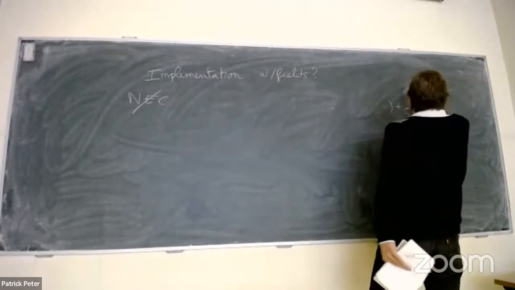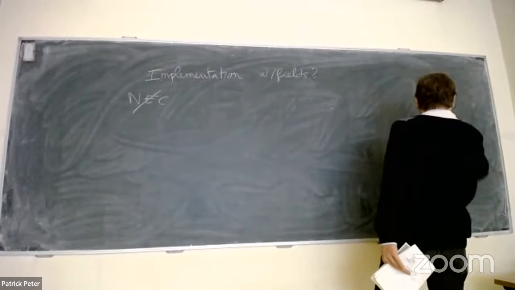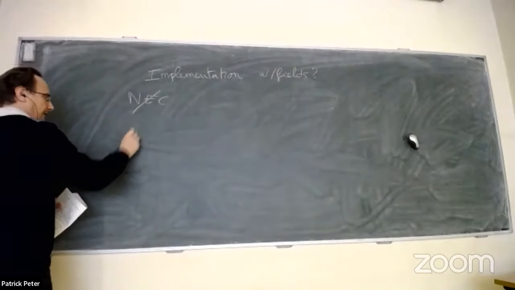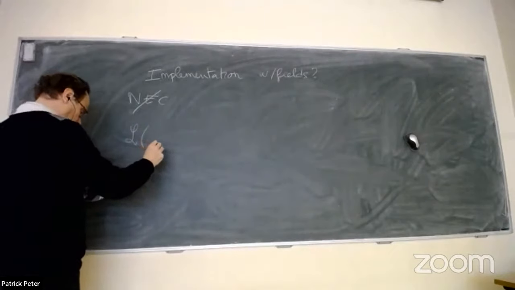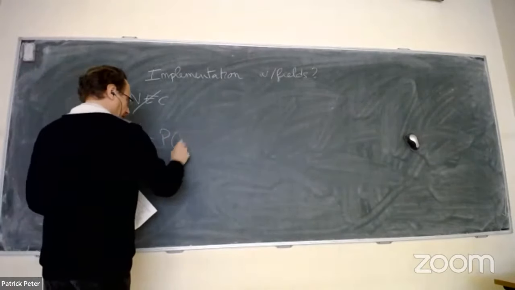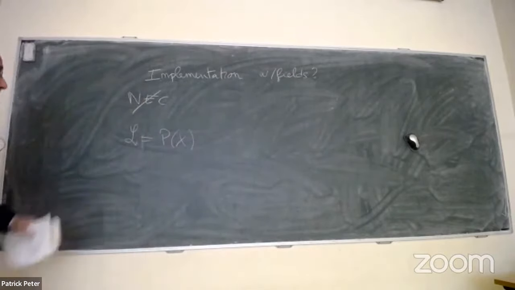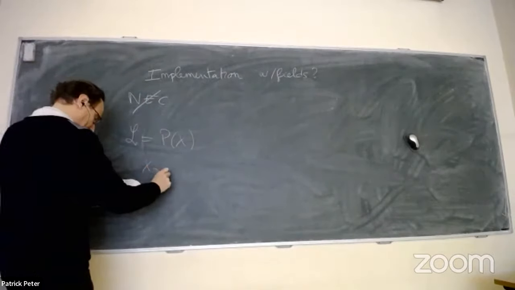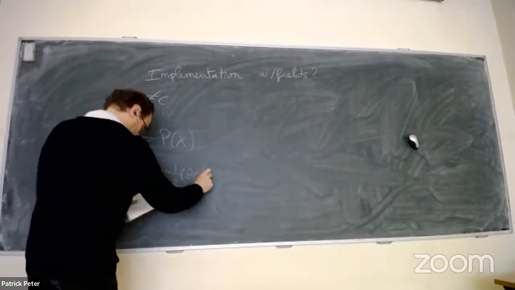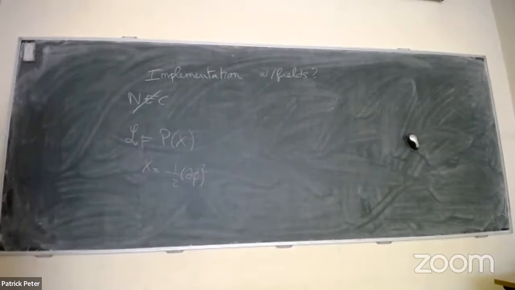So what you want to do now is imagine another way. Let's assume that you have a Lagrangian which is now just a function, which I call P because it's going to be equivalent to the pressure, P of X. And now X is equal to -1/2 (dφ)^2, right?